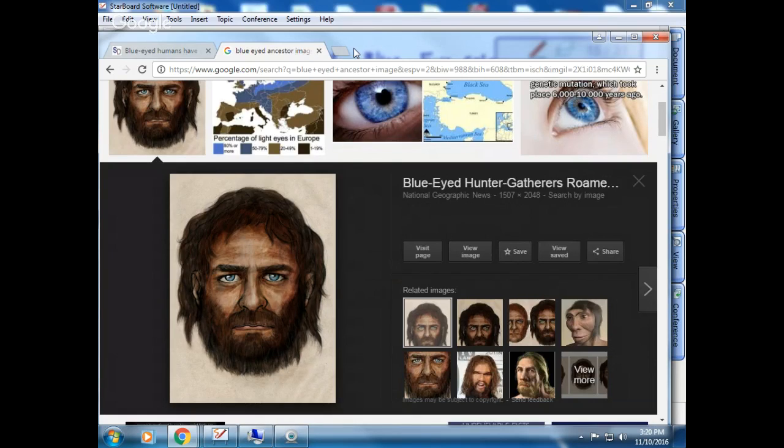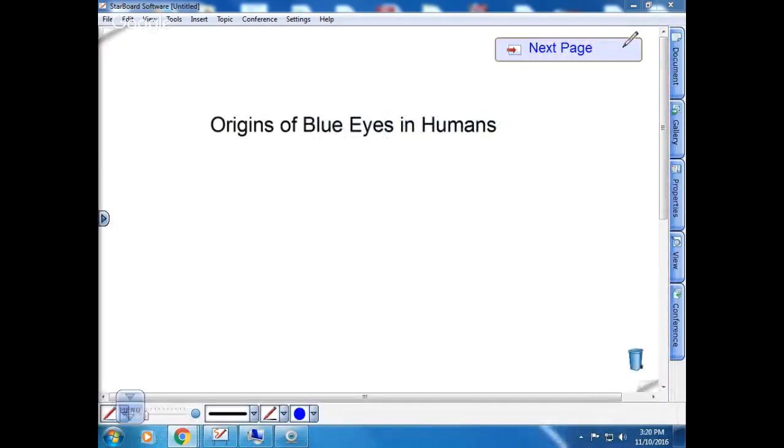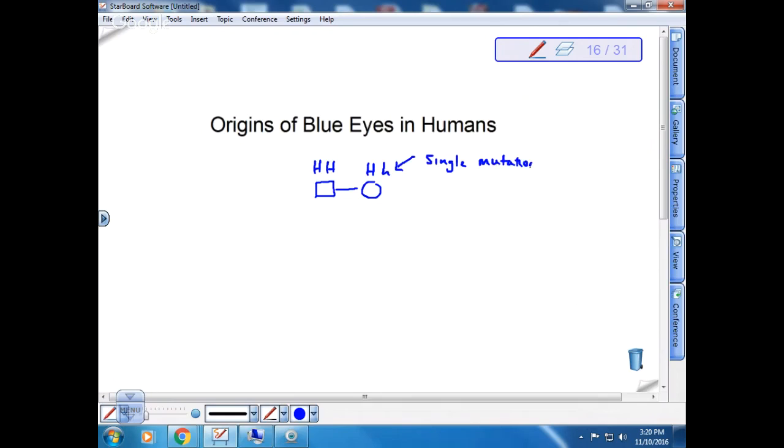So if we look at an example of this, let's say a pedigree, let me go back, okay? So if we look at, okay, so everybody is big H, but this person, this is the single mutation. Right? That's the single mutation.